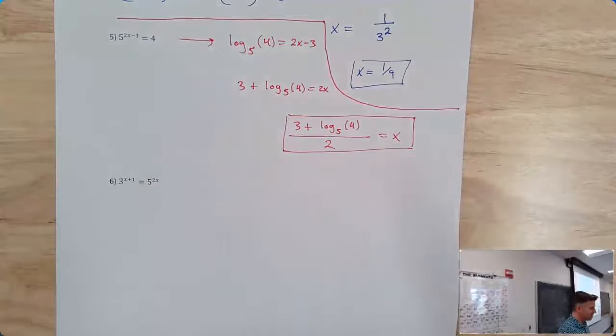The only issue with this answer is, unless you have some calculators probably have this button at this point, but a lot of calculators don't have a log base whatever you want of whatever you want. Most calculators typically, at least more easily, have a natural log and a log base 10. And log base 5 you have to hunt for, or you have to use another formula called the change of base formula and then do some more math inside your head.